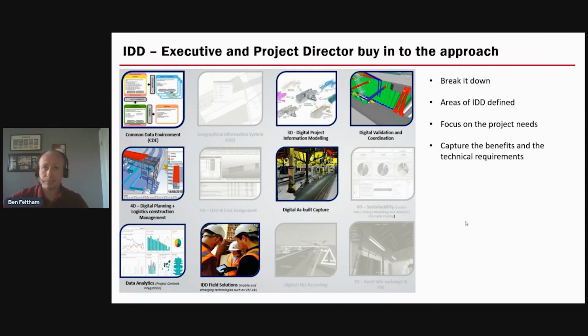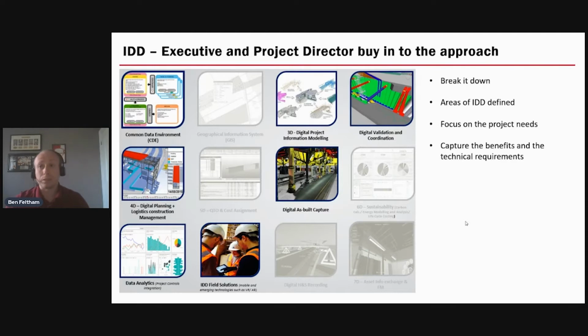So what we did internally on this particular project, and this has led the template, is we defined our areas of IDD. What areas do we want to attack? Looking at the areas, where does that meet our contract requirements, and how is it going to benefit the project? We broke it down into these areas, and on this project we decided we needed a common data environment, and by the way, that's a mandatory Aecon thing now.